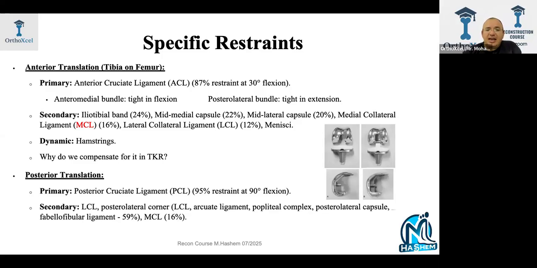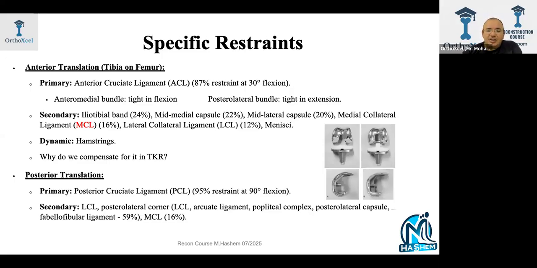You have to get the ACL out. So to maintain normal anterior translation, you have to have a proper anterior repair of your capsule. You need to have a proper anterior repair of your quad, and do as much as you can to maintain a good balanced knee, with balanced flexion and extension gaps.